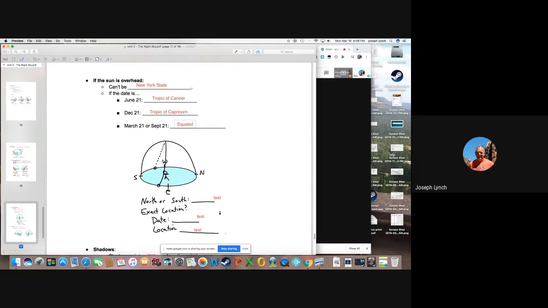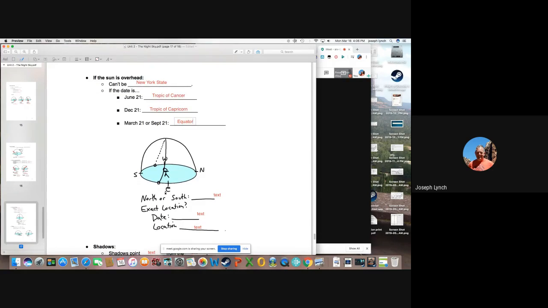So here's an example. North or south? Let's look at the way it tilts. It's tilting this way. Okay, so slightly to the north. So we're going to be in the southern hemisphere, because we're tilting north. Now the date we look at, we circle this point right here.